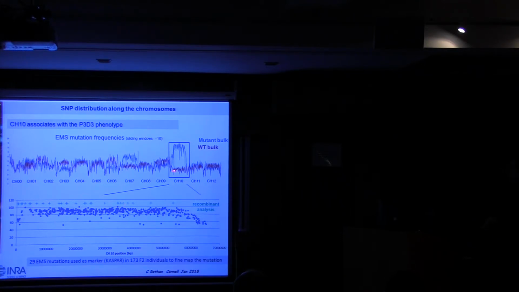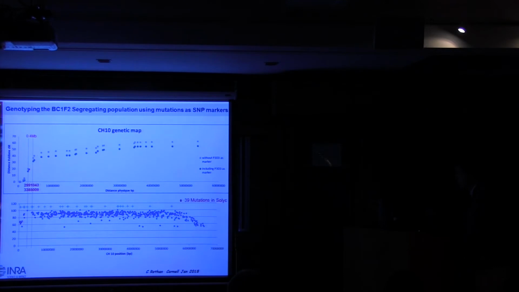We had different candidate regions showing this SNP frequency ratio that we were waiting for, for example, this one. Using the different EMS mutations, we designed markers, which are CAPS markers, quite easy and cheap to do, and used the same population again to map the mutation.